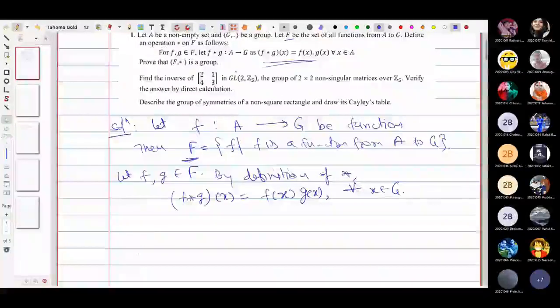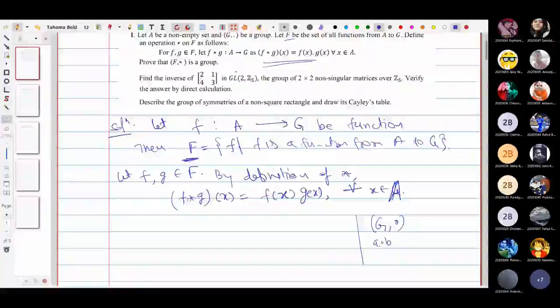It means we are taking two functions from F. Just for the sake of completeness, this is not G, but this is A. One thing you should note: when we take G as a group, we define some operation on it, and we write a composition b.